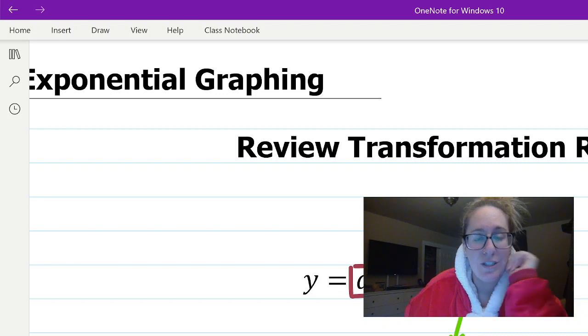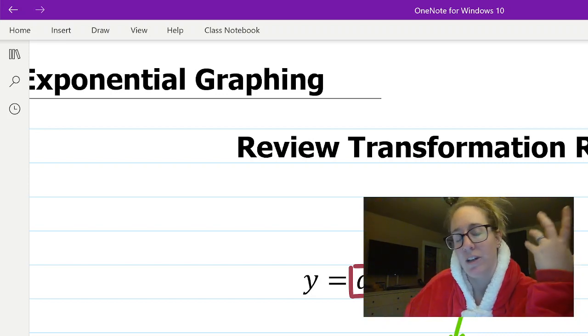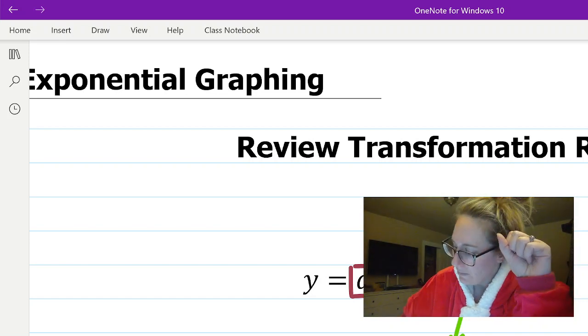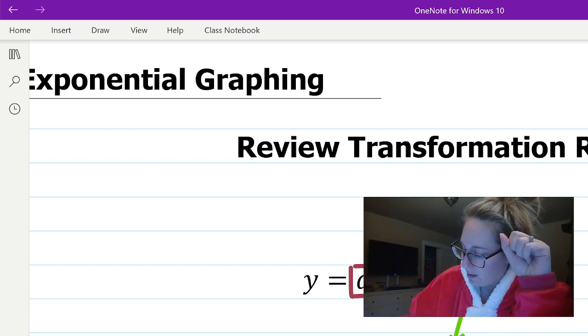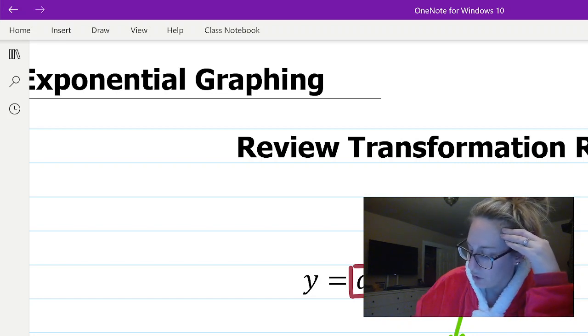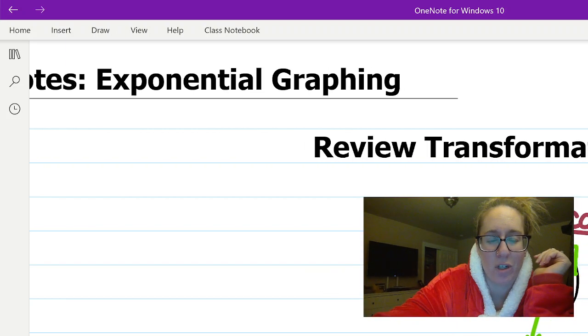All right, so that's step number 1, figuring out what's vertical, what's horizontal. Vertical is going to affect your y values, whereas horizontal is going to affect your x values. All right, so let's run through our vertical transformations first. These are the ones that are a little bit easier. People tend to like the vertical ones better because they are a bit more straightforward.